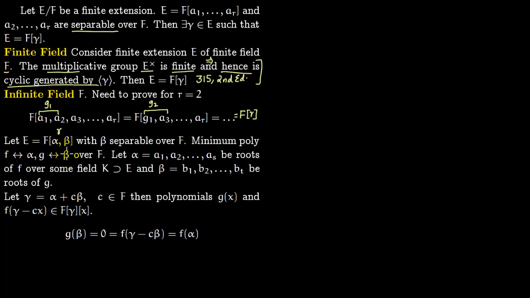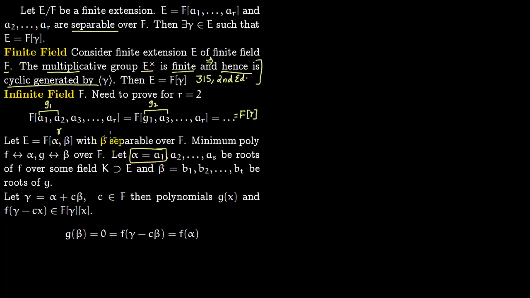The minimal polynomial for beta is g over F. Say you have other roots also, alpha 1, alpha 2, all the way to alpha s. These are roots of f. So there are s roots, and you set the first root a1 as alpha, and these are roots over some field K over E.